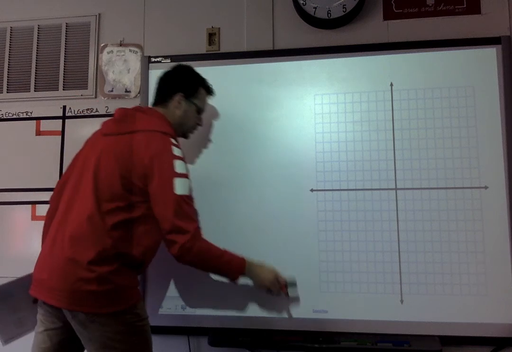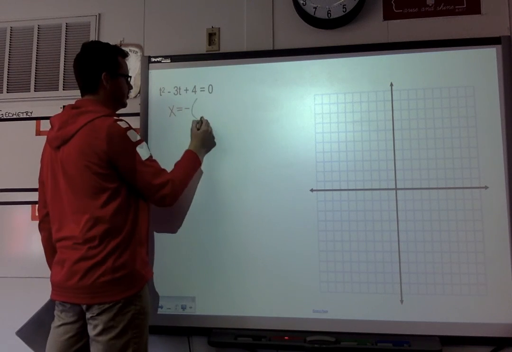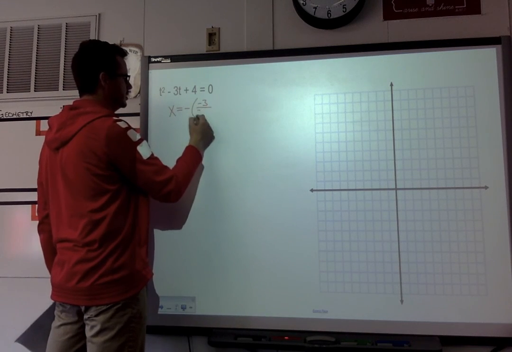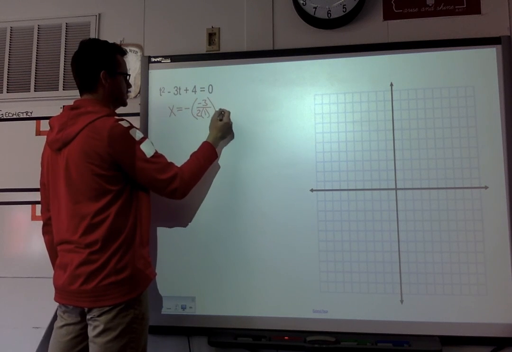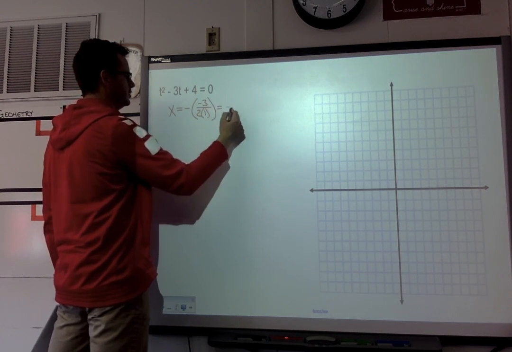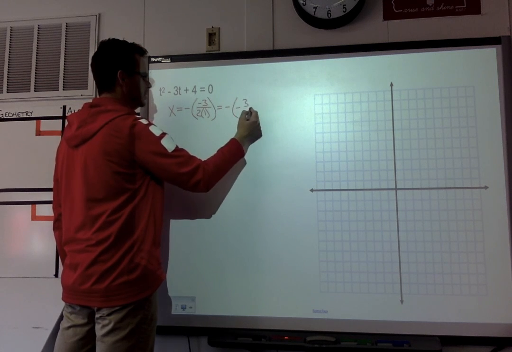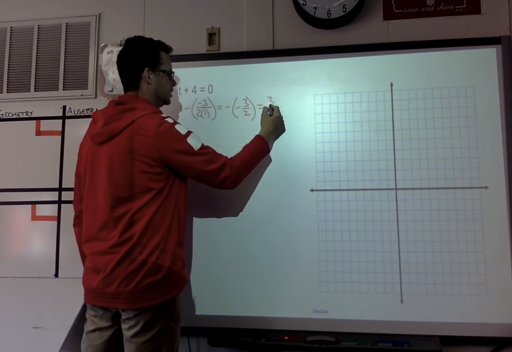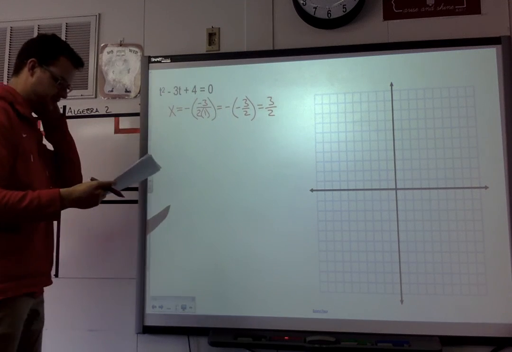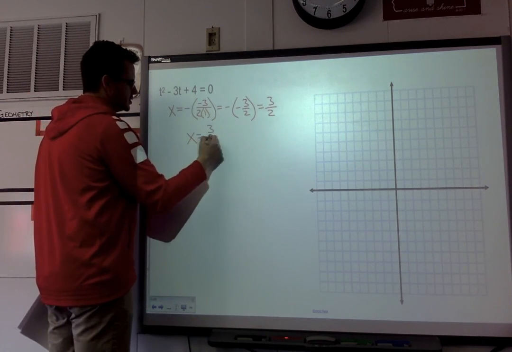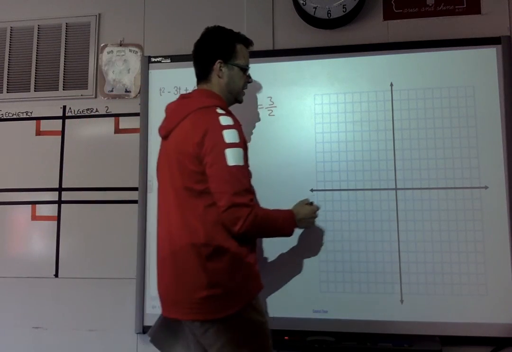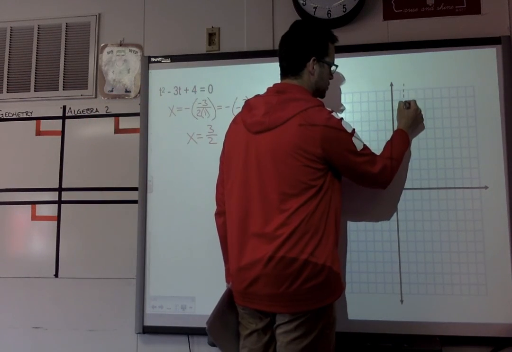So x equals negative b, which is -3, over 2 times a, which would be 2 times 1. So it would be -3 over 2, which would give us +3 over 2. So axis of symmetry is at x equals 3 over 2, which is 1.5.